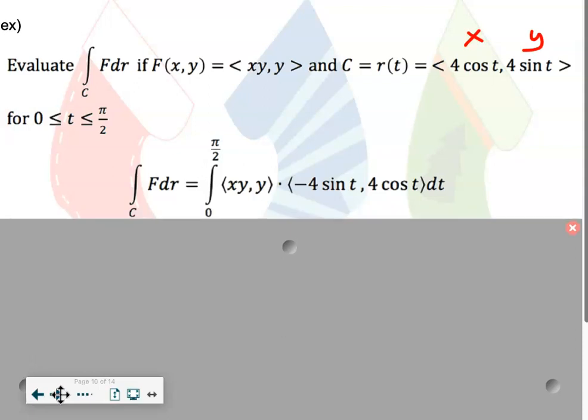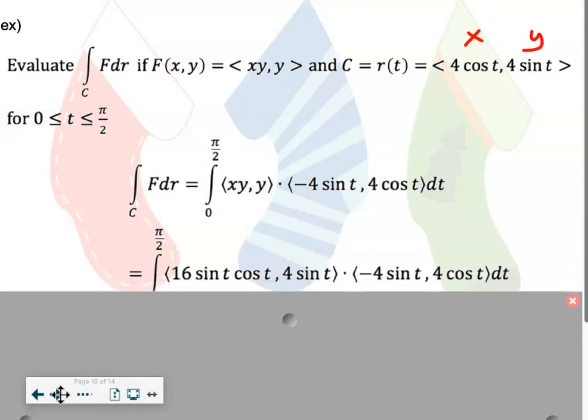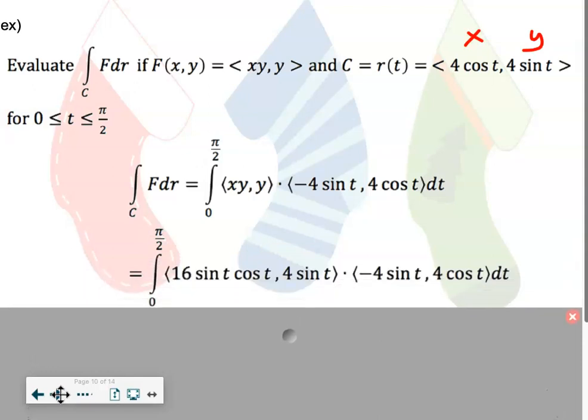All right, so there's my F dot dr, but first you got to rewrite F. So there's my rewrite. Check your rewrite, make sure it matches. Any questions on the rewrite? That's just F, and that's r prime. Remember, it's F dot dr, it's F dot r prime, right? So this isn't r, this is r prime.